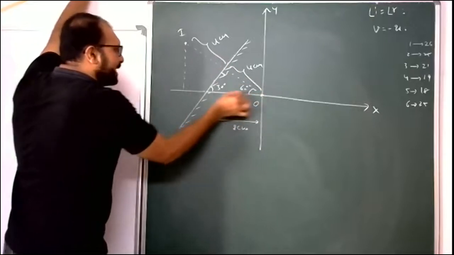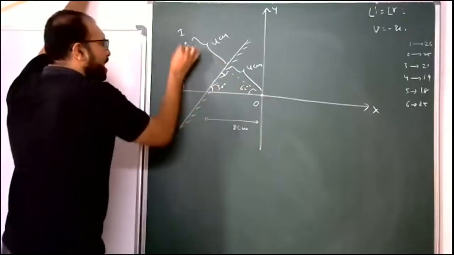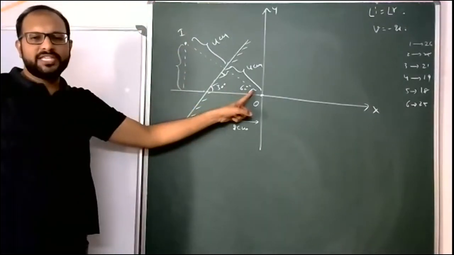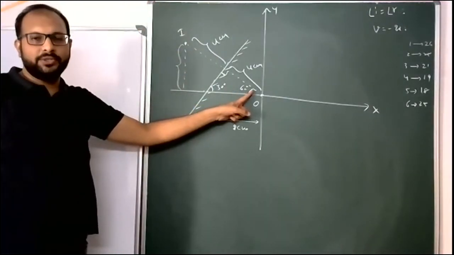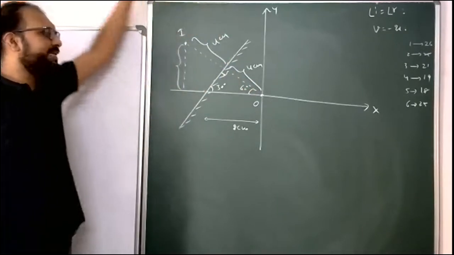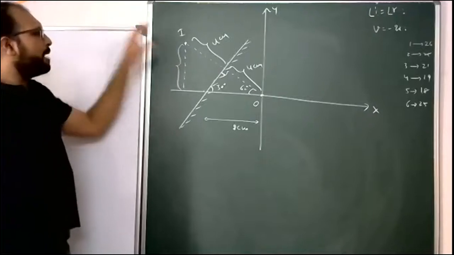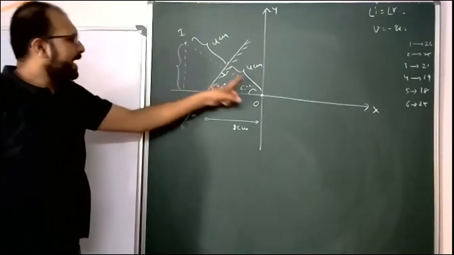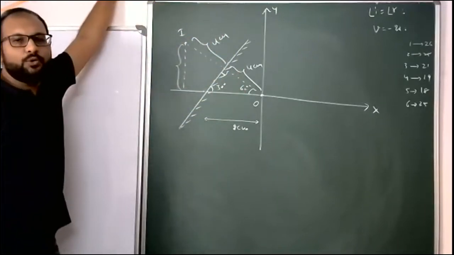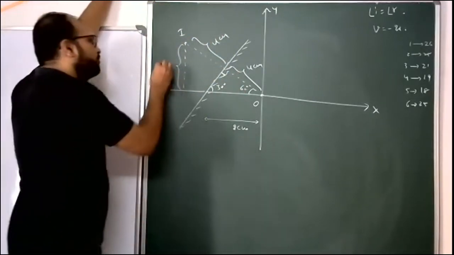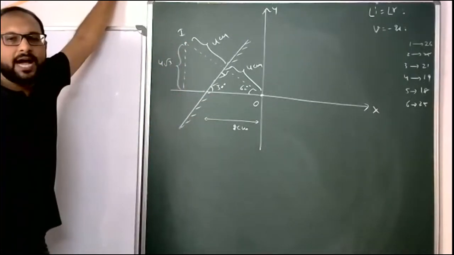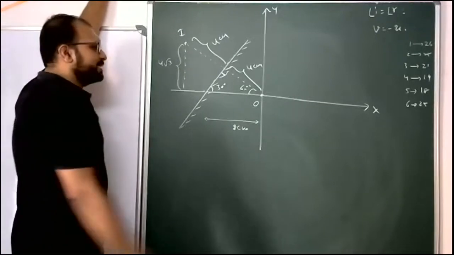In this right angle triangle, for the side opposite 60, sine 60 is root 3 by 2, that is nothing but opposite divided by hypotenuse 8. So now opposite equals 8 into sine 60, root 3 by 2, means now 4 root 3. 4 root 3 is the opposite. Now come to adjacent.